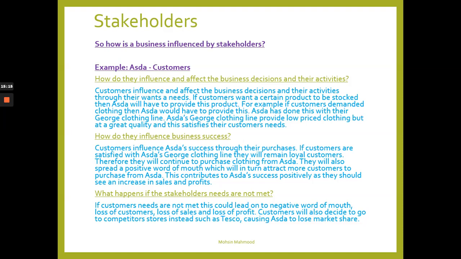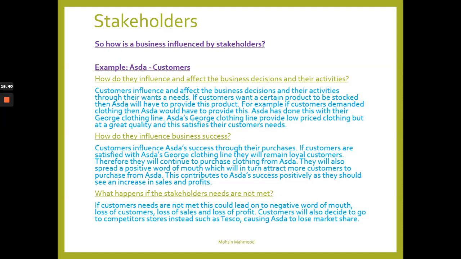Customers influence and affect the business decisions and their activities through their wants and needs. That should say wants and needs. If customers want a certain product to be stocked, then Asda will have to provide this product. For example, if customers demanded clothing, then Asda would have to provide this. And Asda has done this with their George clothing line.